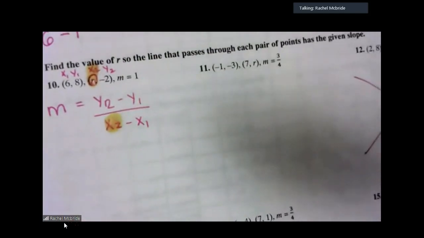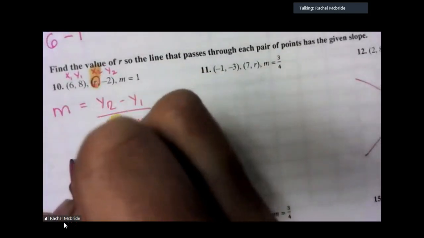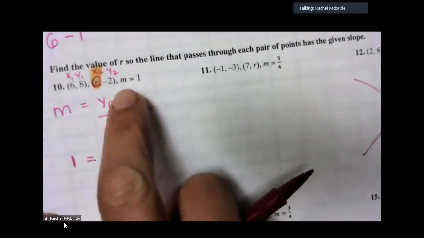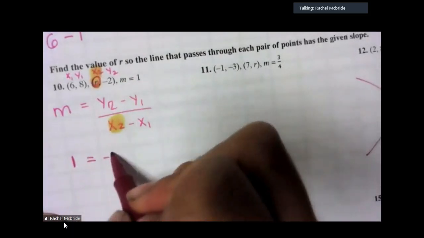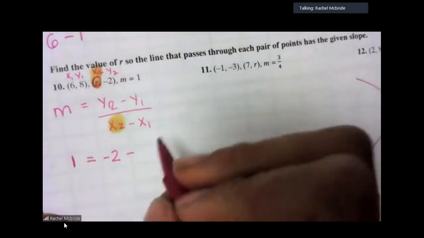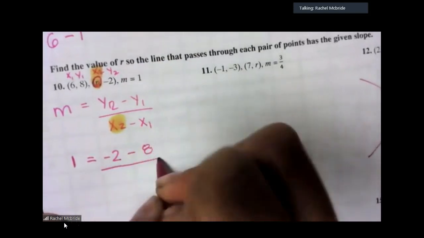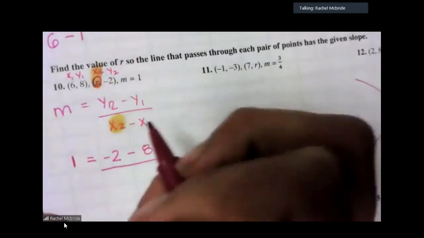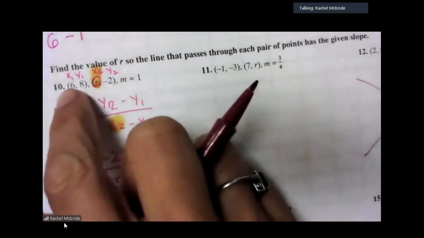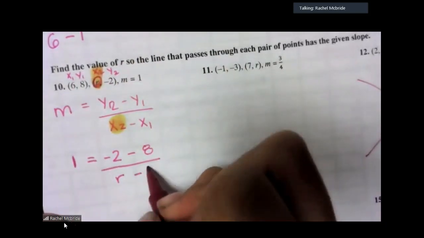So this part here is going to get replaced with your r. So m becomes 1. y2 minus y1, so fill in your y2, fill in your y1, fill in your x2 with the one we're looking for, and x1 with that.